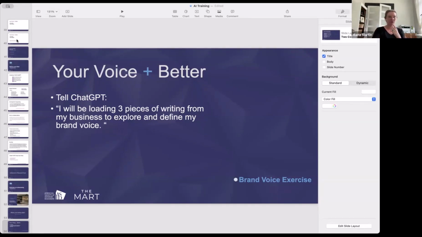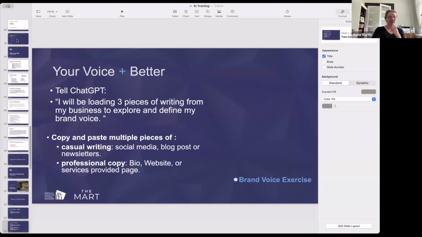Okay. Then what happens is it will give you a summary of what your brand voice is. And in this slide, you might have a casual writing style and you might have a professional writing style. Your professional writing style would be how people consume information about your business before they've made the phone call.